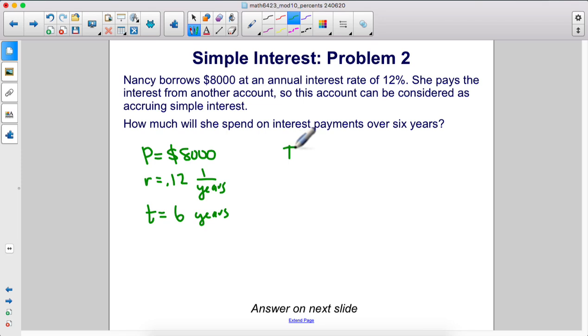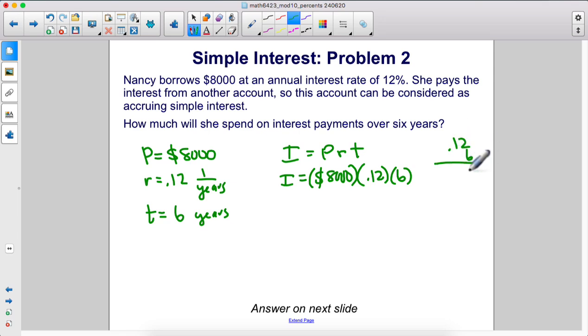All right, interest equals PRT. P is 8,000, R is 0.12, and T is 6. The years here are going to cancel out because this is 1 over years. So 0.12 times 6 is 0.72. Then 8,000 times 0.72.